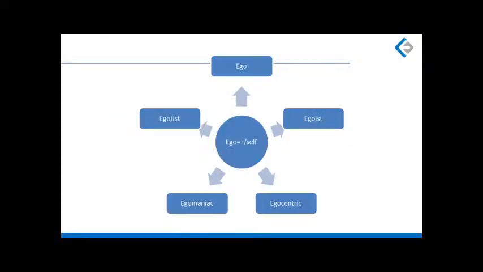This is the slide that I showed you last time, and I had said that there is a word ego, which basically is an English word as well as a Latin root. The English word is right there at the top. The Latin root is in the center of the circle.